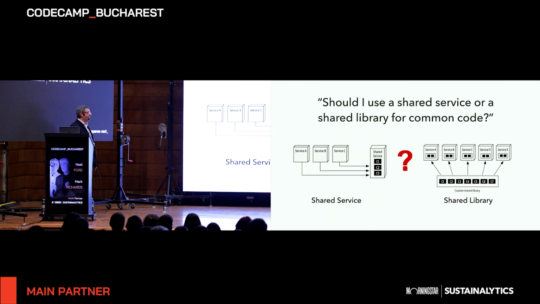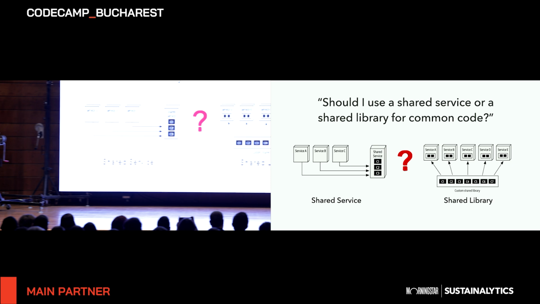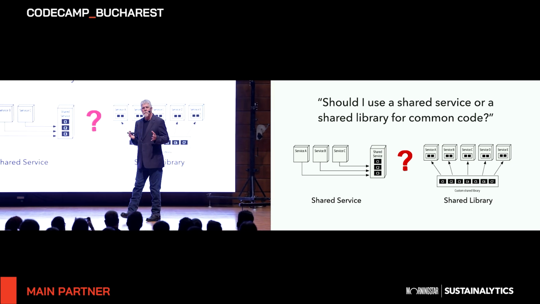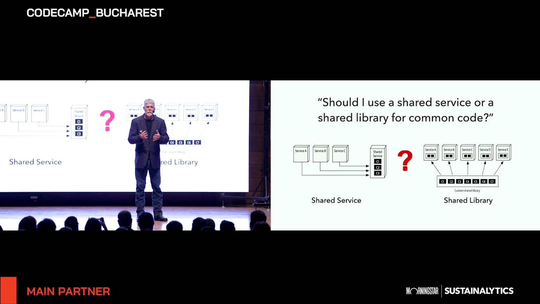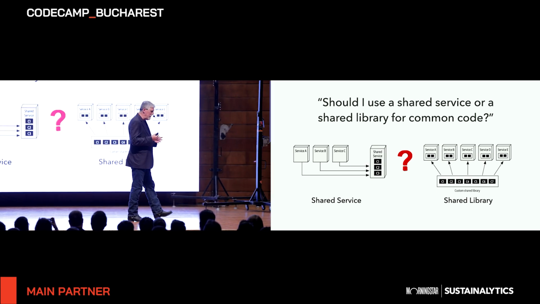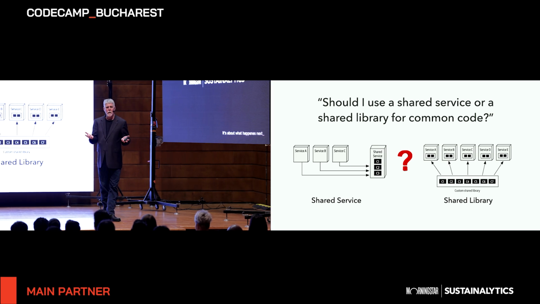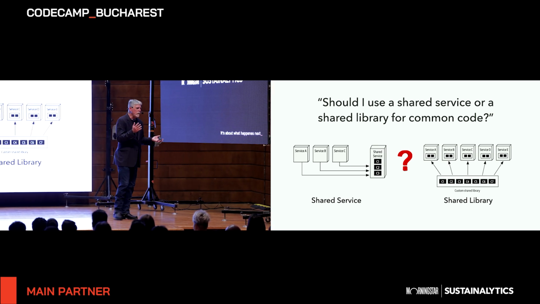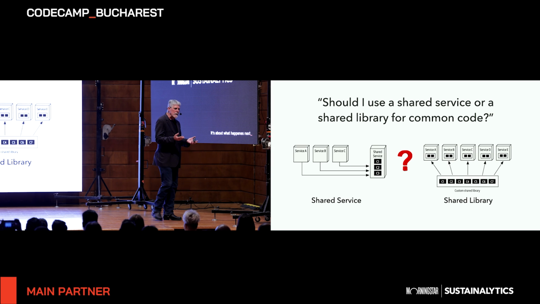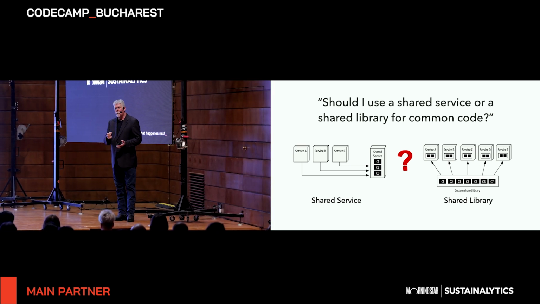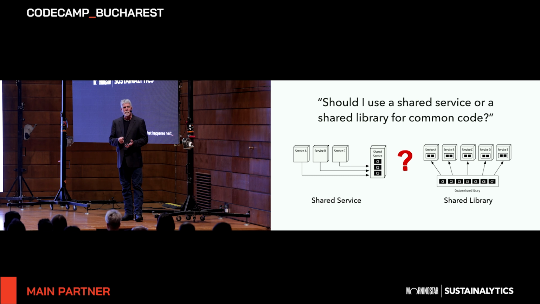That's right. Okay, so continuing with this notion that to simplify some of the complexity that we do have, understanding these trade-offs really is that first step. Another complex aspect we have is with shared code. Should I use a shared library like a DLL or a jar or a gem, or should I use a shared service?